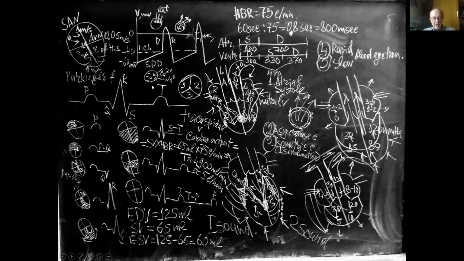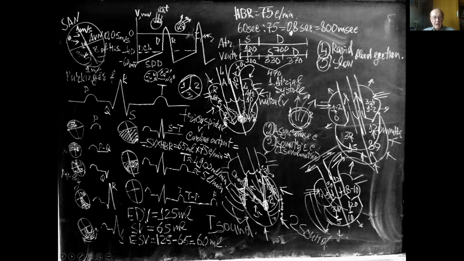In the membrane of these cells, special channels are open. These are the channels for calcium ions and sodium ions, and they start to permeate into the cell. That's why the negative electric charge decreases and it reaches minus 40 millivolts.